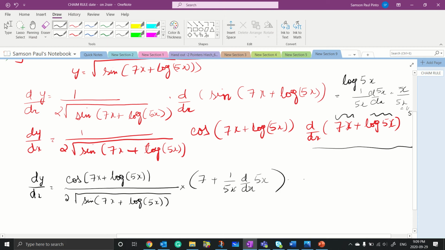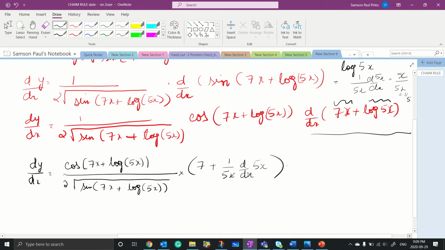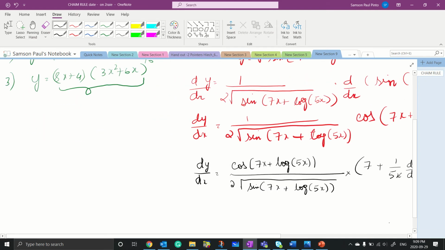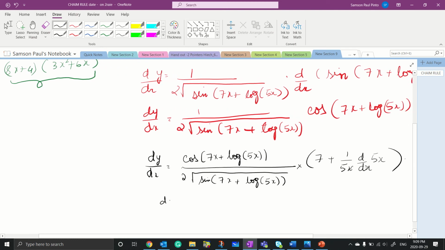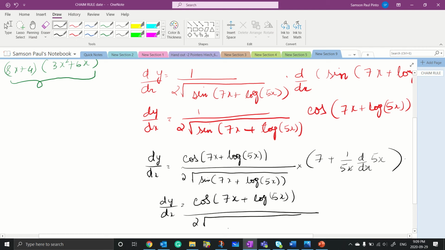Going further, the next step: dy by dx is cos of 7x plus log 5x by 2 root of sine 7x plus log of 5x, into 7 plus, now here differentiation of 5x is 5, so the 5 would get cancelled and you'll get 1 by x.